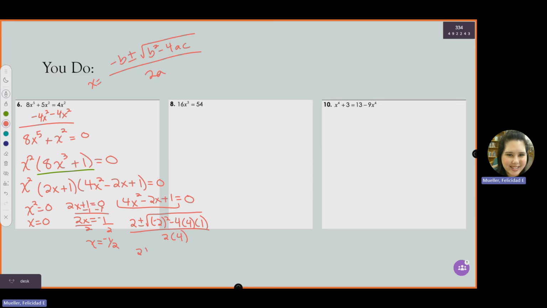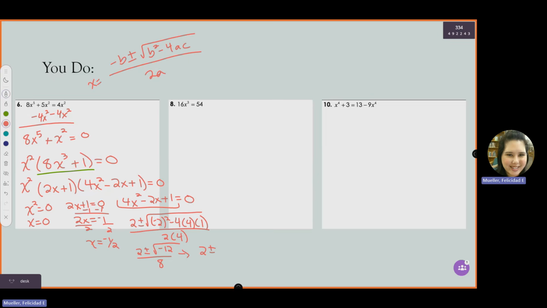So we're going to get 2 plus or minus the square root of 4 minus 16, which is -12, over 8. So this becomes 2 plus or minus the square root of 12, which is 4 times 3.